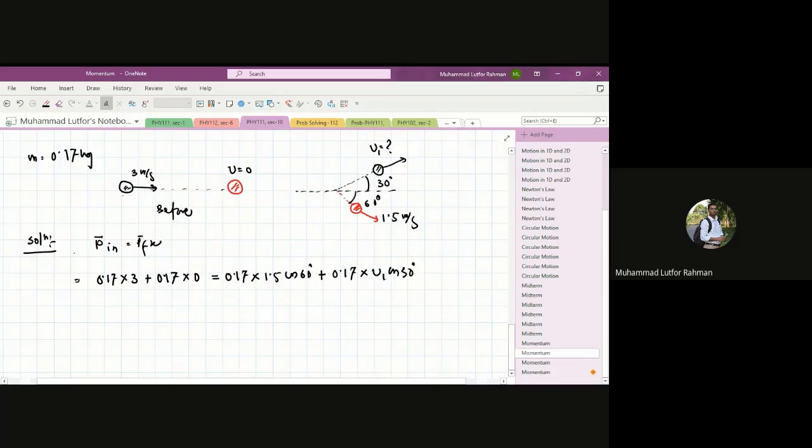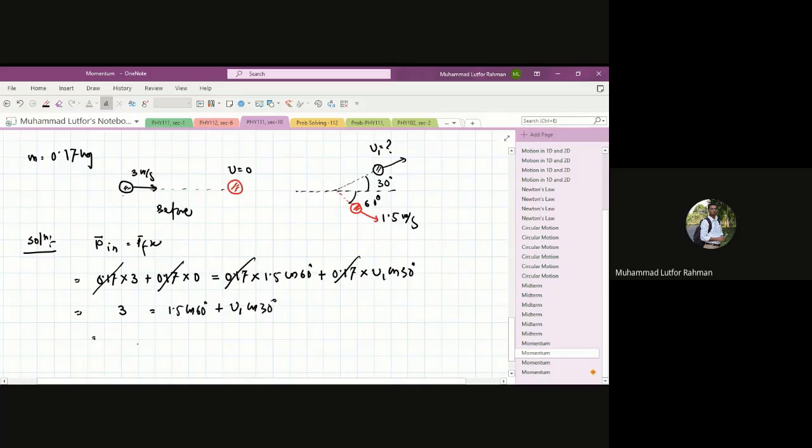Now you can cancel out this 0.17 from both sides. The masses of the cue ball and the target ball are the same. So 3, plus 0 basically, equals 1.5 cos 60, which is 0.75 because cos 60 is 0.5, plus v1 cos 30 degrees.